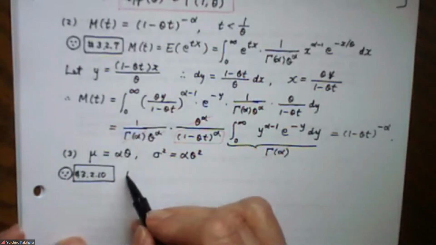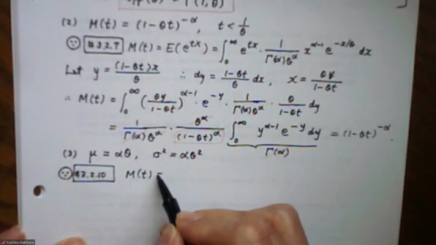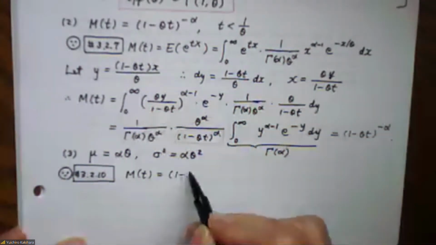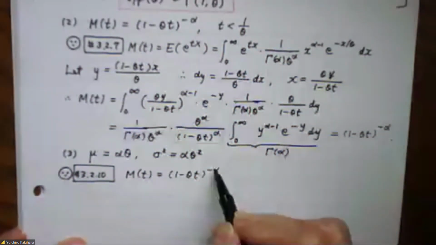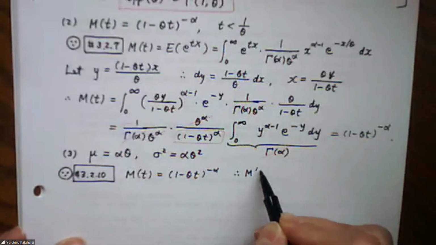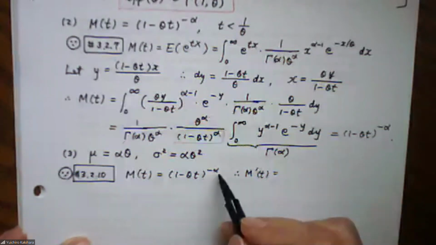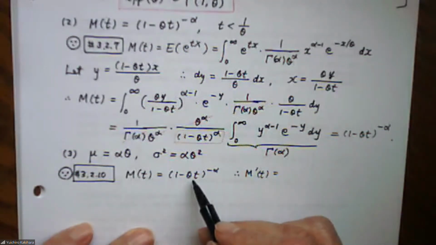Now we have m of t. This is easy: (1 minus theta t) to the negative alpha. So what is the derivative? Negative alpha times this to the negative alpha minus 1, and times the derivative of the inside part, which is negative theta.